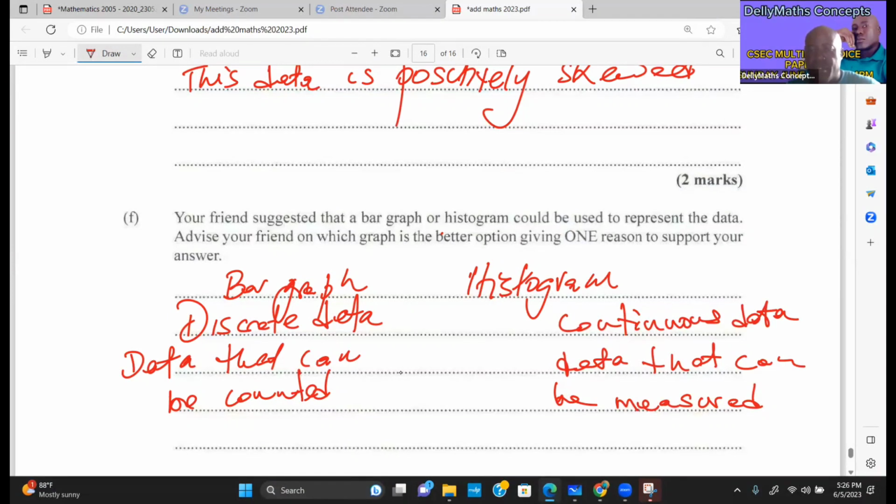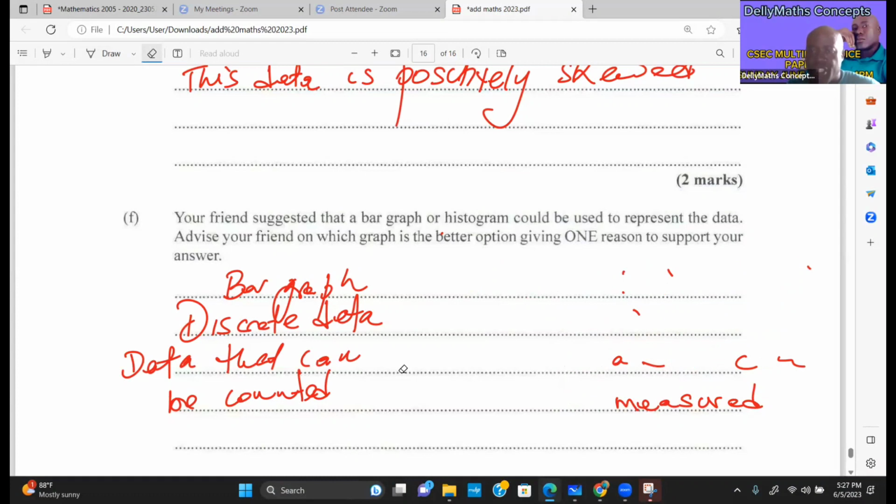So stuff that you can measure are like time, height, length, those sort of stuff. And we're not dealing with that. So in reality, I would suggest that we use the bar graph here. And the reason is that we're dealing with discrete data that can be counted. How many persons score 57? How many persons score 60? That sort of thing. So it's a bar graph that is the better option of the two.